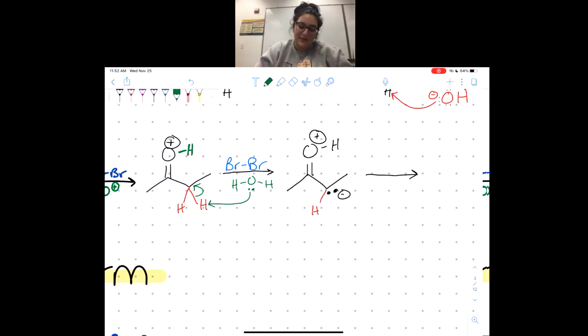So we have Br2. What can happen next? Yes, so this negative charge will attack the bromine and give those electrons to the other bromine.